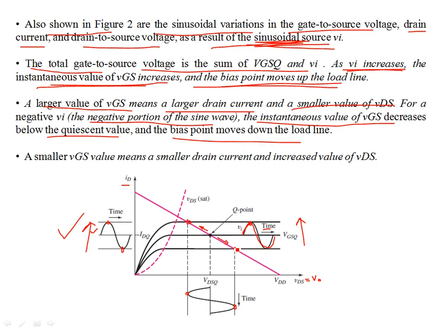Once the bias point moves down the load line, VDS is increasing. A smaller VGS means you're coming down this side. A smaller VGS means a smaller drain current, but an increased value of VDS, so VDS is increasing in this direction.